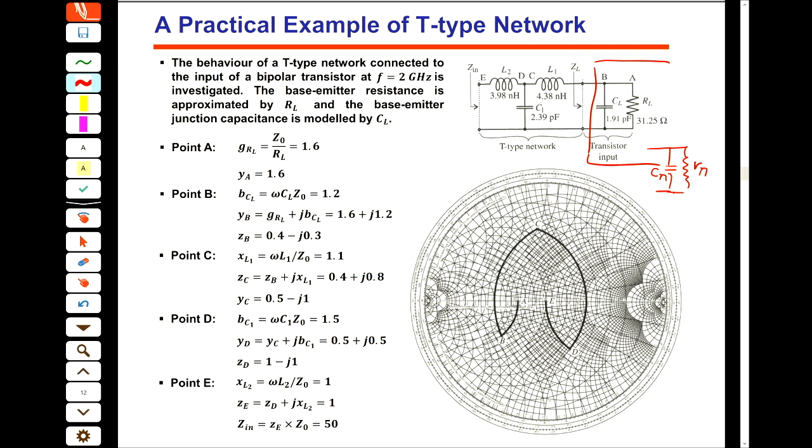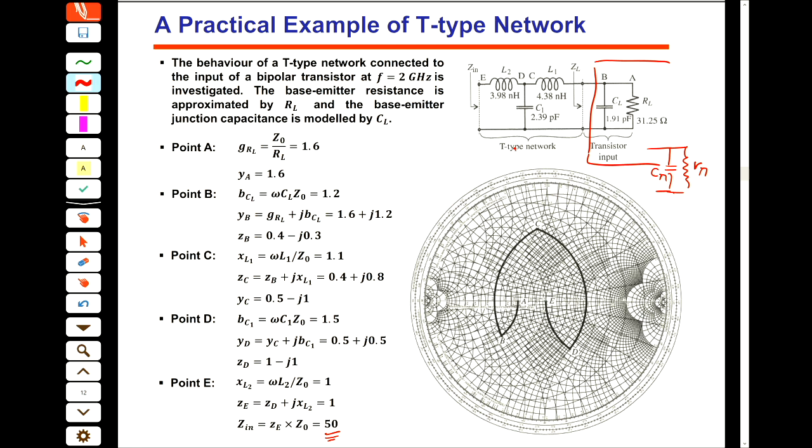If we have this transistor with R pi equal to 31.25 ohm and C pi equal to 1.91 picofarad, and I add these three elements, a T network, LCL, a band pass filter, then what would be the input impedance of this circuit? You will see that the input impedance of this circuit is 50. Let's do this together.